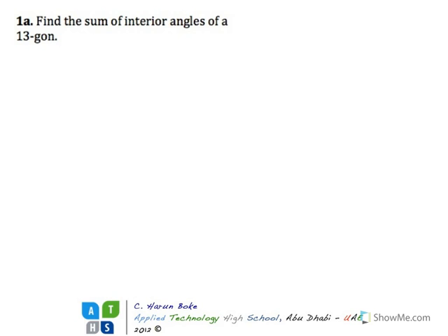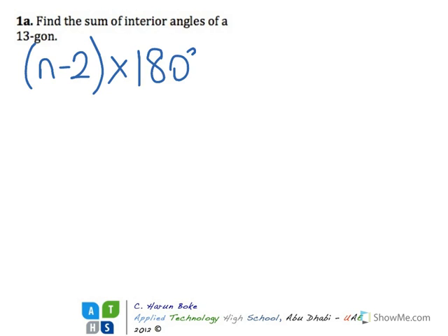Find the sum of interior angles of a 13-gon. Here we are going to use the formula for the sum of interior angles, which is n minus 2 times 180 degrees, and n here is 13, as given in the question.